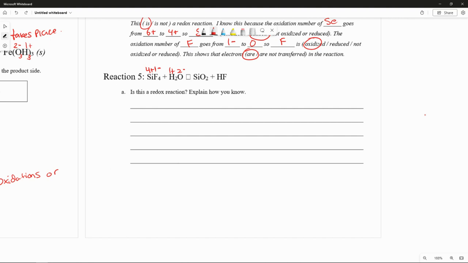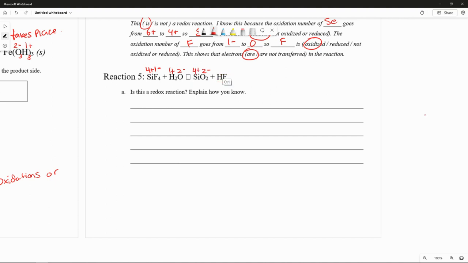Moving on to SiO2, we know O is always 2 minus, unless it's part of H2O2, which is 1 minus, but you don't have to know that. So we have O2, so negative 2 times 2 is negative 4, and we have 1 Si, so this also has to be a 4 plus.